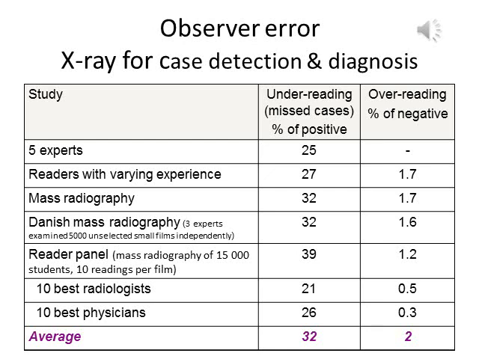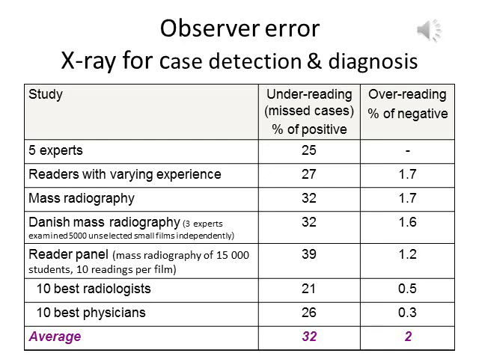These studies showed that on average, 32% of the chest X-rays showing lesions were missed as TB cases, namely the readers read the lesions as not caused by TB. This was true even if the experts read X-rays as shown in the top row, where 5 experts missed approximately 25% of the positive films.